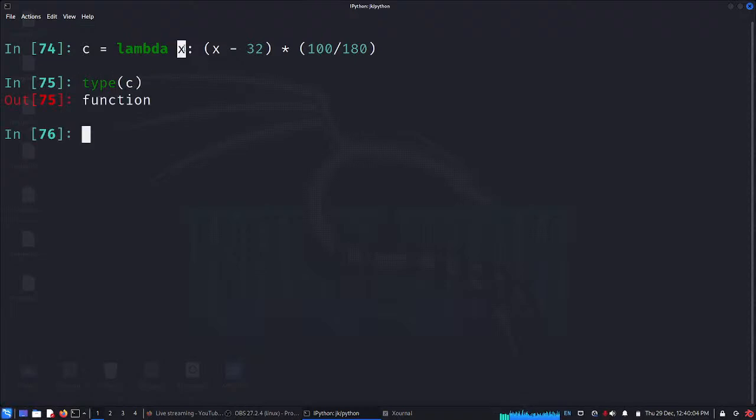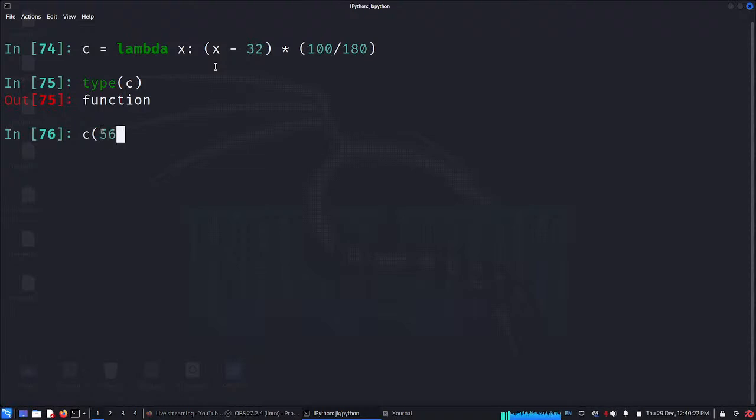Here now it is in x. X will correspond to the Fahrenheit temperature. So I can write c of 656 and get the corresponding value in Celsius scale.